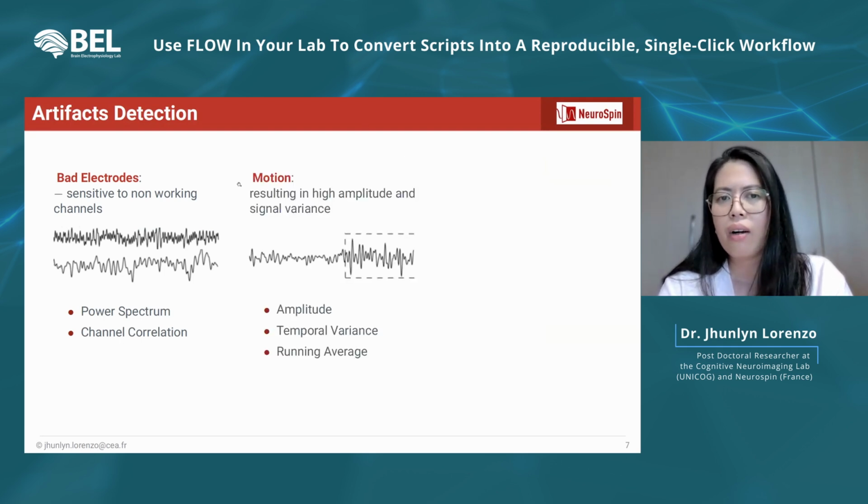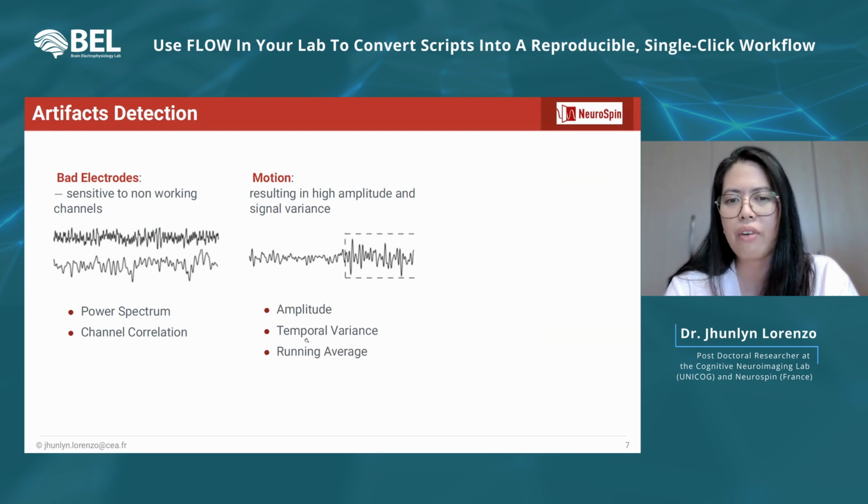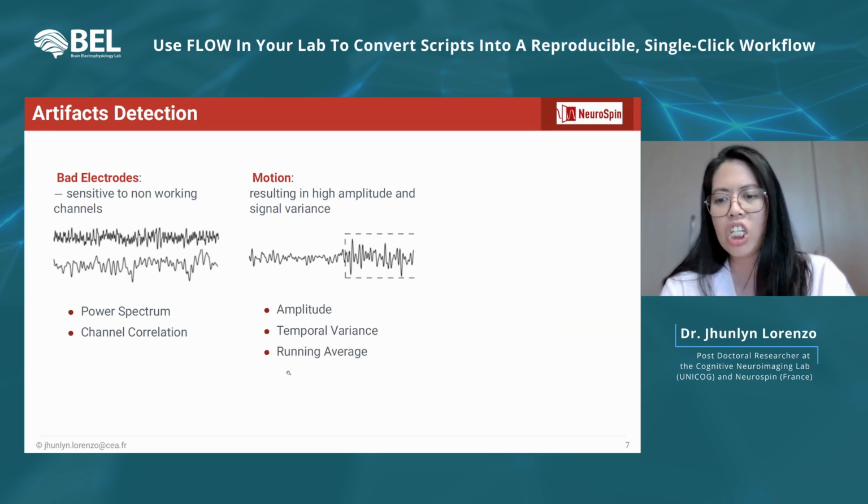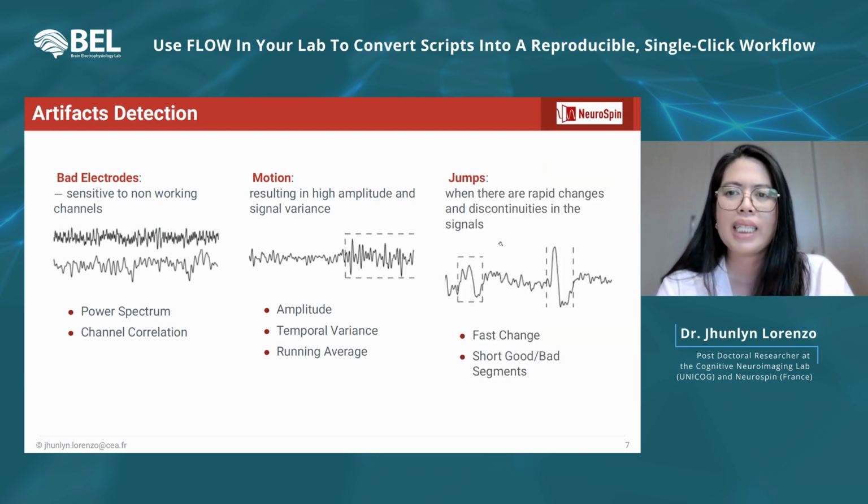The second set of algorithms detects motion artifacts. These are the artifacts with abnormally high amplitudes, high temporal variance, and high running average. And lastly, APICE will detect jump artifacts, which are abrupt changes or discontinuities in signals.